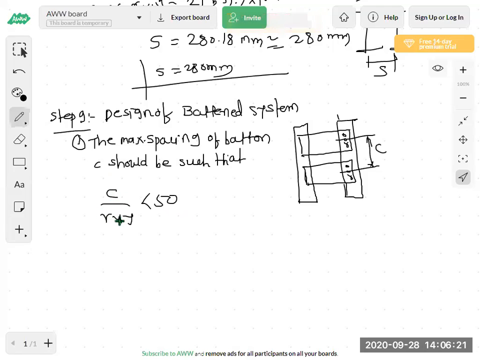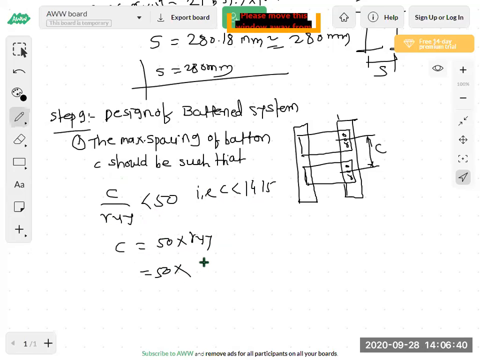So this value C by RYY should be less than 50. Here we have to calculate C. So C is equal to 50 into RYY, that is, C should be less than 1415.